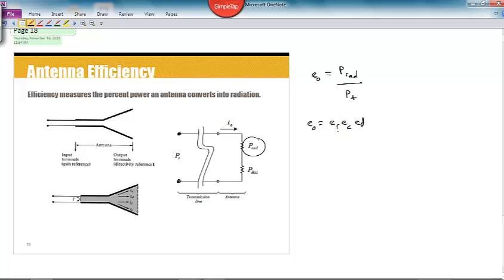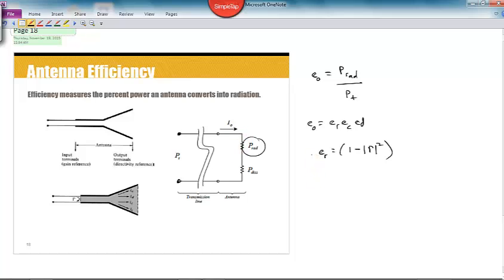ER is the reflection efficiency, and it takes into account losses due to the impedance boundary between the antenna and the T-line, and that is ER equals 1 minus the magnitude of the reflection coefficient formed between the antenna and the transmission line, squared. If we're diligent engineers, we can eliminate this reflection efficiency loss completely just by matching the T-line to the antenna.